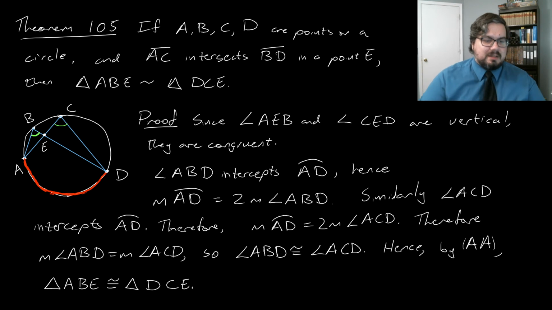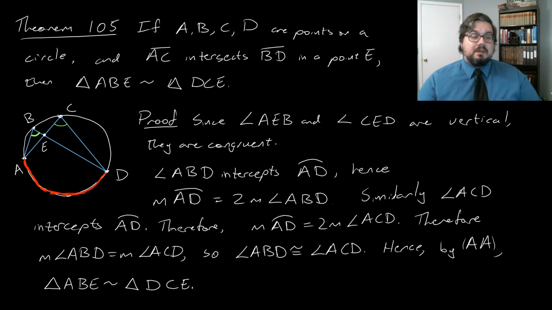Sorry, not congruent, I'm being silly, similar. They're definitely not congruent. And so that means that you, of course, have all the relationships between them, that the ratios of corresponding sides are equal, and all the other nice things that we get out of similarity of triangles.